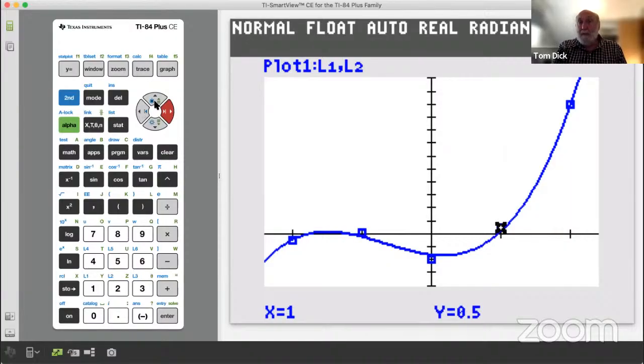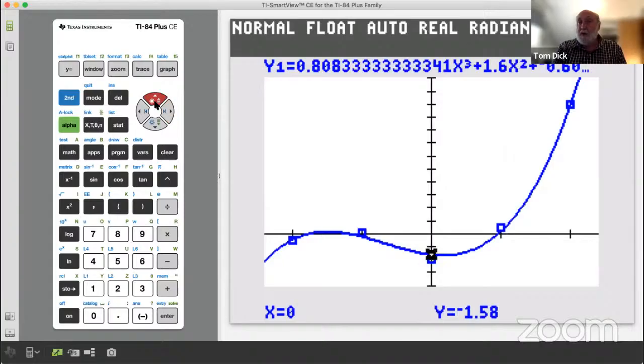But if you hit an up or down arrow and move over to the actual model, now you have a trace that's going to work like your normal function trace. Now this is moving at kind of a weird increment. Well, 0.4 we hit kind of nicely, but if I want to go to a specific x value, I can just type it in.